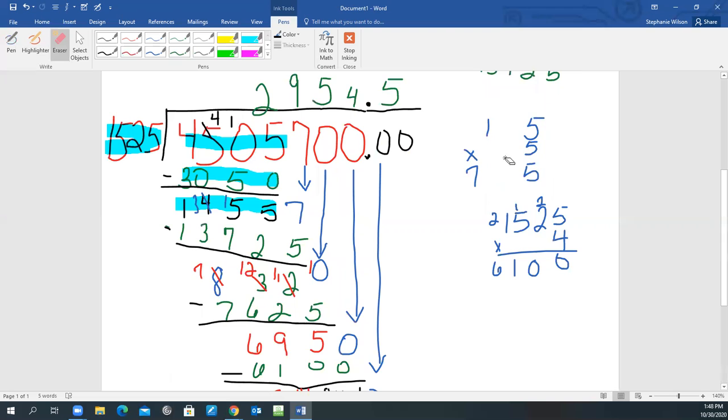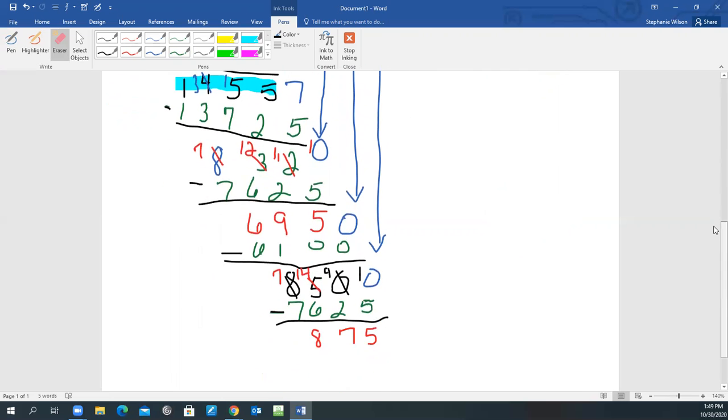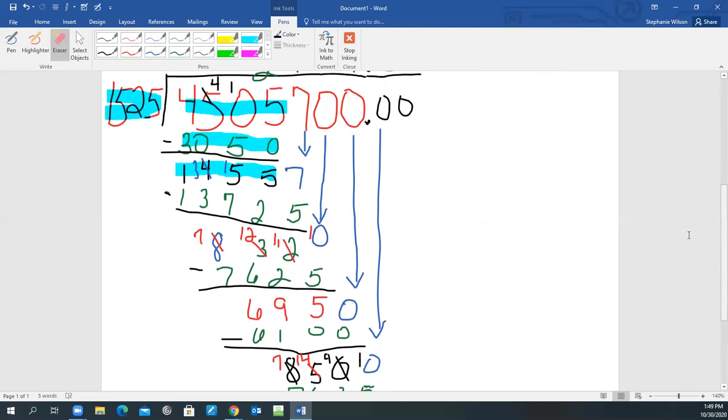So let's clean this all up right quick. And I probably needed that because we have, let's look at this answer, our remainder down here. It said 875, and we're going to bring down this 0 here. Bring it down.